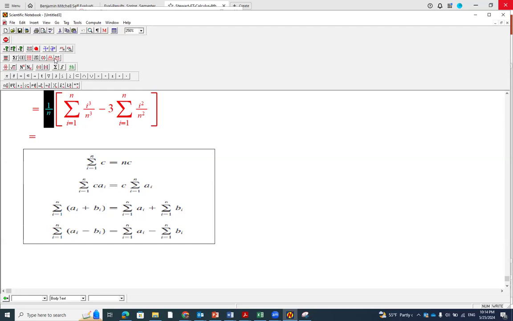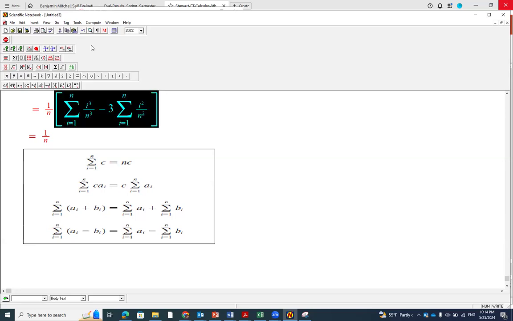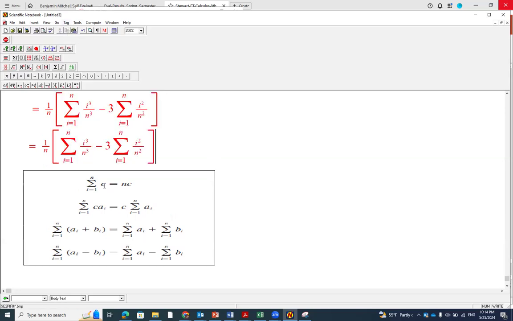We will have 1 over n multiplied inside the bracket. We can do the following, because 1 over n to the power 3 can be taken out of the summation notation. Boom. And 1 over n squared can be taken out of this summation notation because it has nothing to do with i. So if you remove the denominator, this is i squared, and this is going to be i to the power 3.